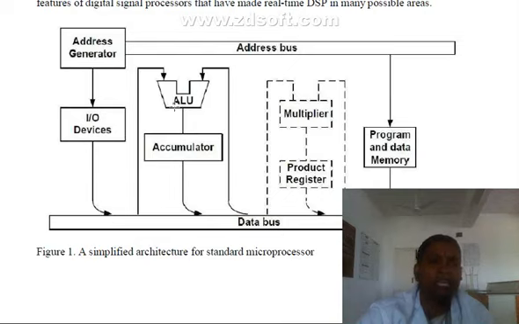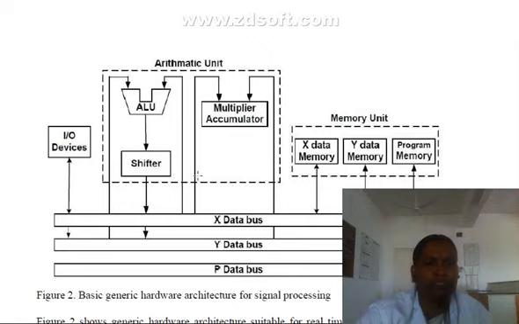We have an ALU, accumulator, multiplier, and program and data memory. Depending on the program memory and data memory, we differentiate the architecture. The address bus and IO devices are also here. This comes under the general simplified architecture of a microprocessor.